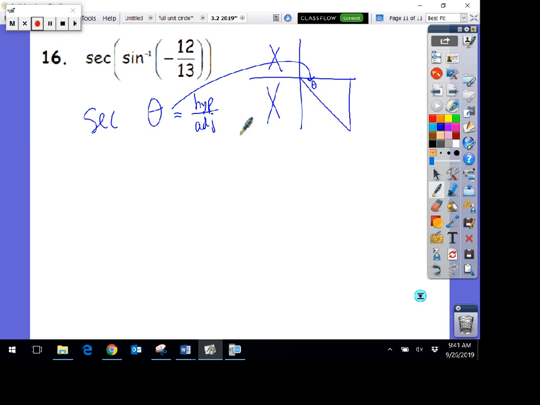So we label what we know. This is opposite over hypotenuse. So we know our hypotenuse is 13. Hypotenuse can never be negative. So this is 12. If you know your triples, you can just write it down. If you don't know your triples, you got some multiplying and subtracting to do. 169 minus 144, 25, square root of 25 is 5.